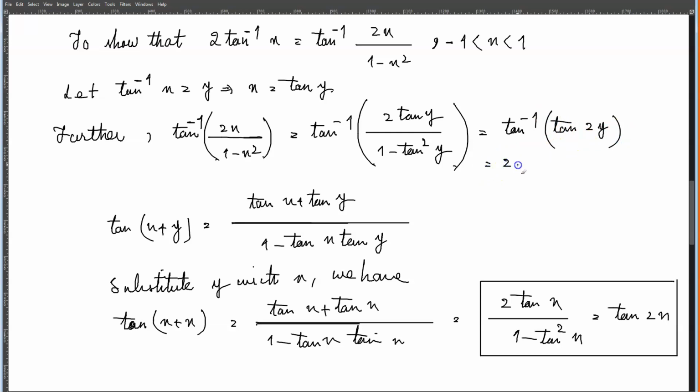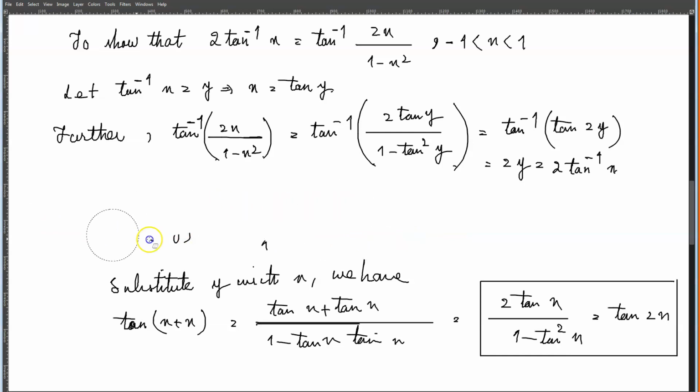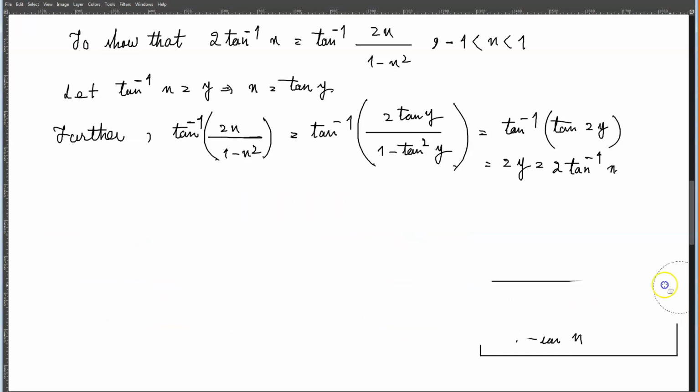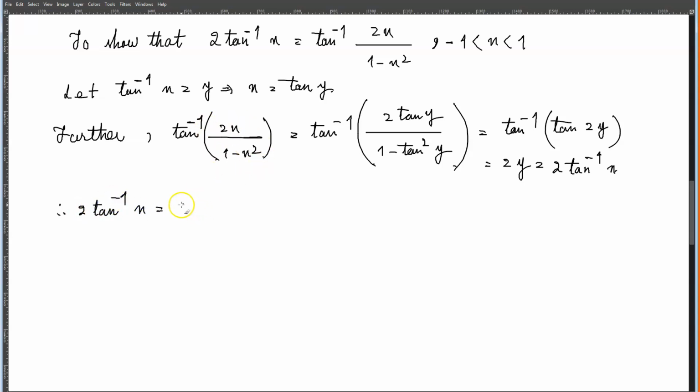Tan inverse of tan of 2y is equal to 2y, where y is equal to tan inverse of x, so that is 2 times tan inverse of x, which means that 2 times tan inverse of x is equal to tan inverse of 2x over 1 minus x squared, right?